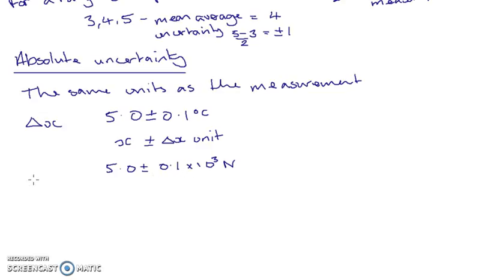The guidance from AQA says that the absolute uncertainty should have the same number of decimal places as the measured value.